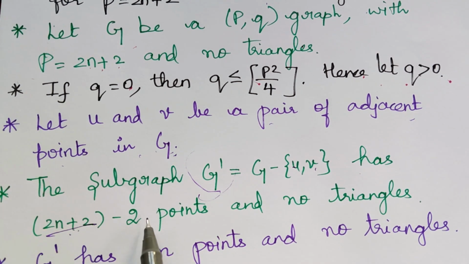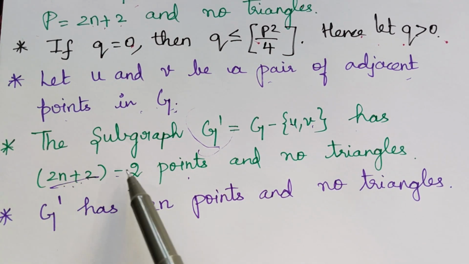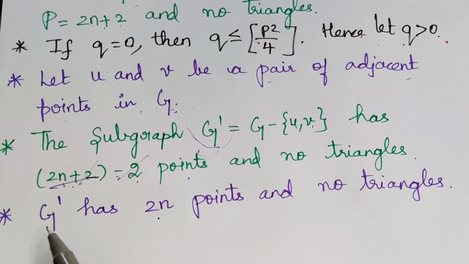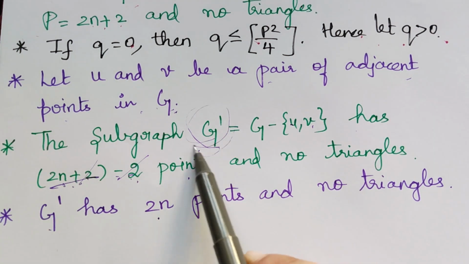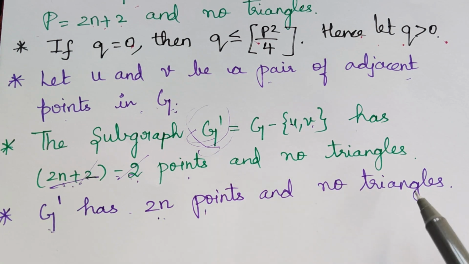If you remove 2 vertices from that, you will have minus 2 points. That is, G dash will have 2n plus 2 minus 2, which is what? 2 and 2 will get cancelled, and so the remaining will be 2n. Therefore, the subgraph which we form will be G dash, and it will have 2n points and no triangles.